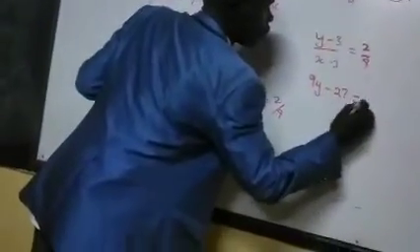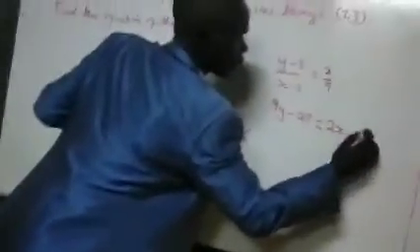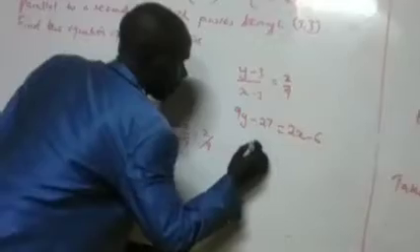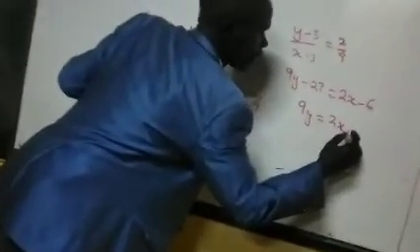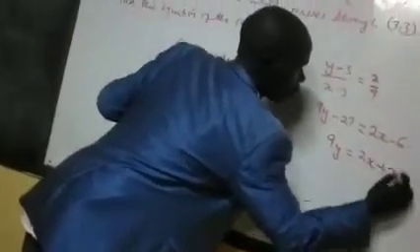And you cross multiply, and you have 9y minus 27 should be equal to 2x minus 6. And therefore 9y is equal to 2x plus 21.